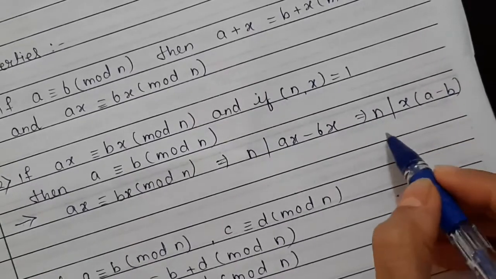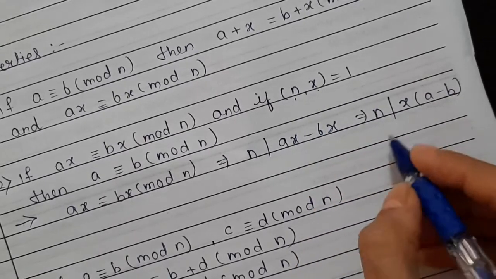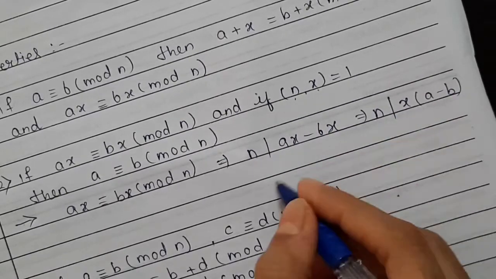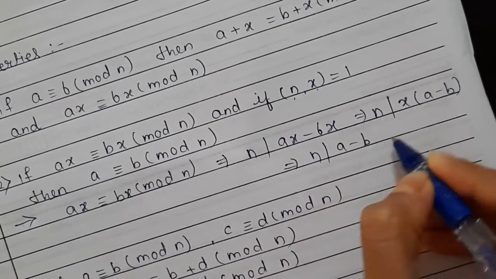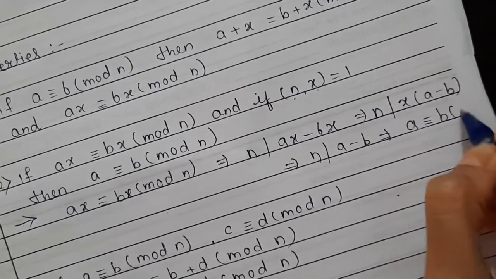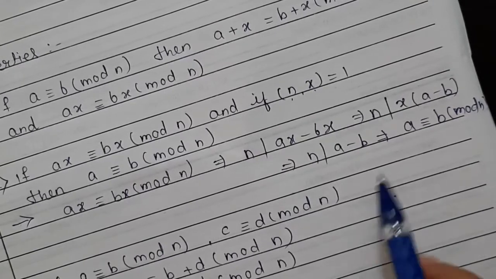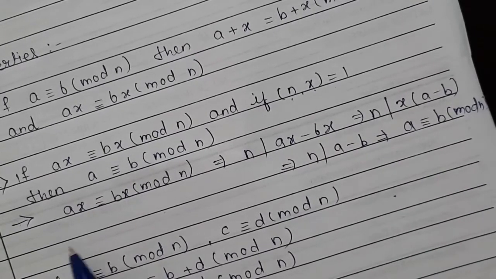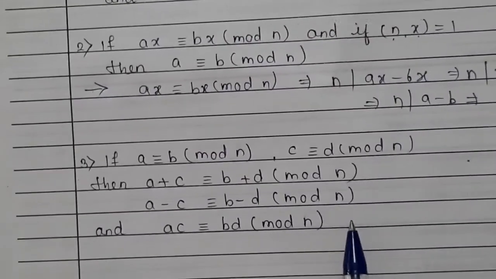And the GCD of n and x is equal to 1, so n divides a minus b, which implies a is congruent to b mod n. Okay, this is how we prove it. No one is going to ask this property, but you have to remember it.